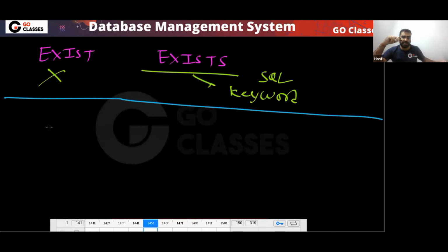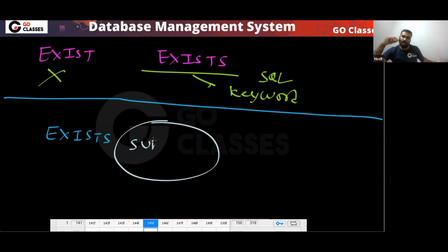The syntax is this: exists, and here you have a subquery. Here there is nothing, on LHS there is nothing. So it only talks about exists subquery.